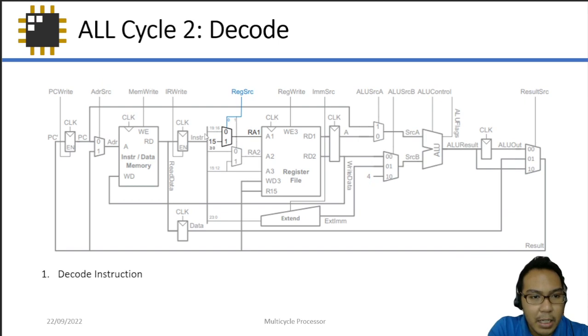Okay, instruction 2 for everyone: Decode. So now you have the instruction over here, and we're going to pass it to the control so that the control can see what the instruction is and determine the control signals accordingly. Now, the thing that is special about the decode step is for reg source, you have two unknowns here.